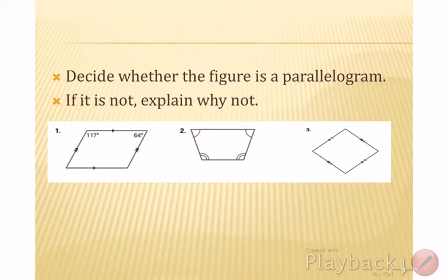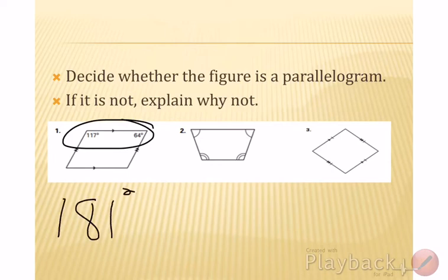That's beyond supplementary, and therefore the first shape is not a parallelogram. You might want to mark that as no or not. These numbers are 181, and that's too much. It's not a parallelogram.